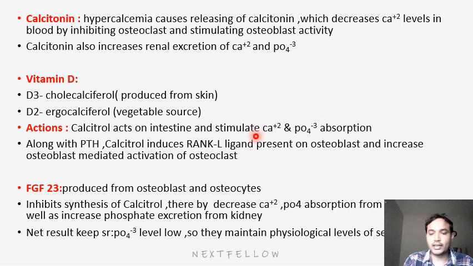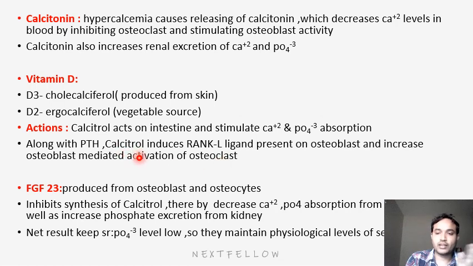That means it enhances calcium and phosphate absorption from the intestine. Parathyroid hormone and calcitriol also induce RANK ligand, which is located on osteoblasts. This is a recently developed target, and it increases osteoblast-mediated activation of osteoclasts.